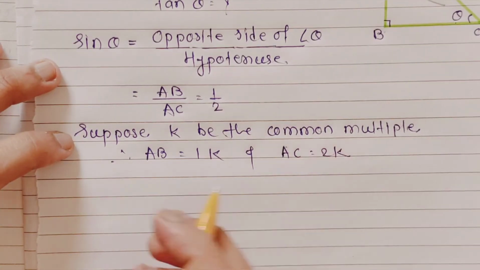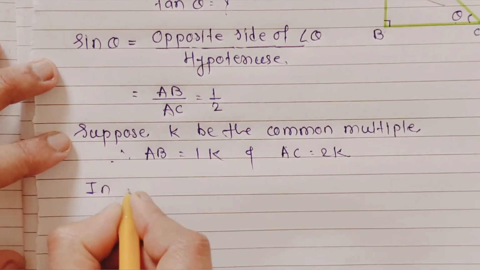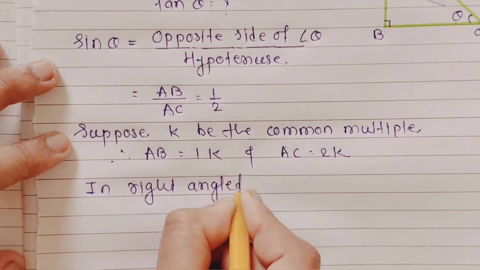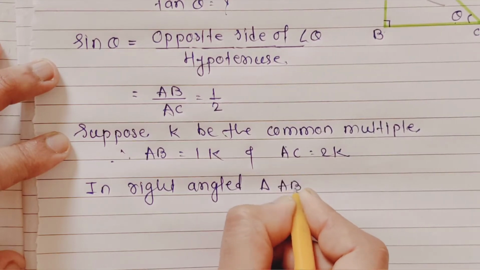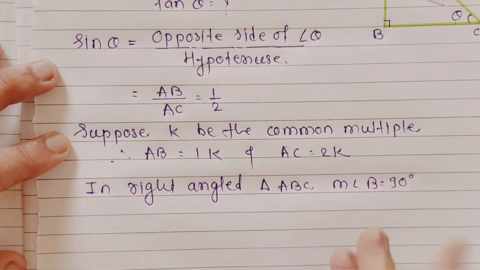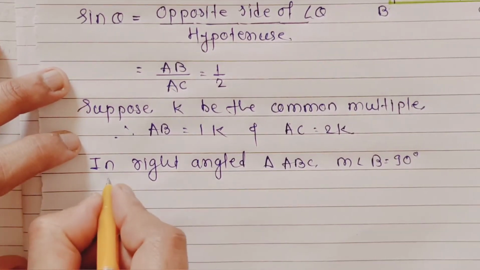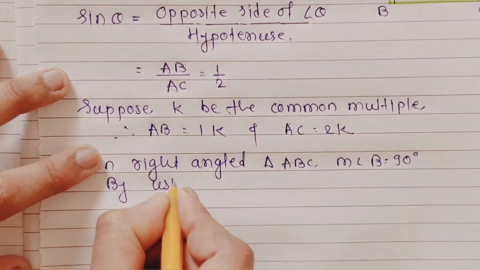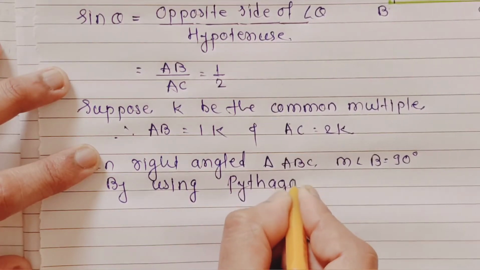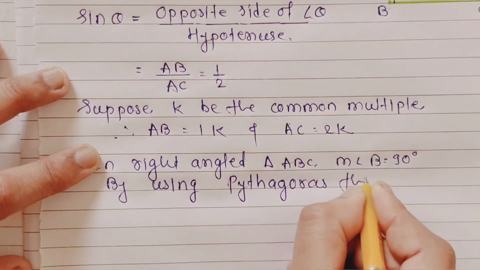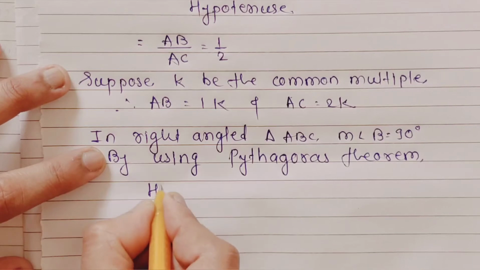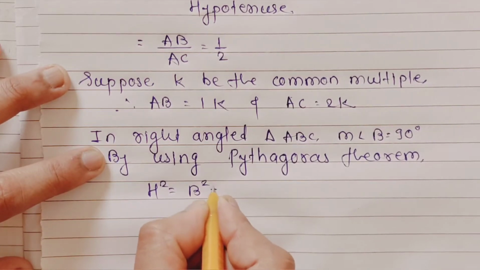So we can write in right angle triangle ABC, measure angle B is equal to 90 degrees. So by using Pythagoras theorem, hypotenuse square is equal to base square plus perpendicular square.